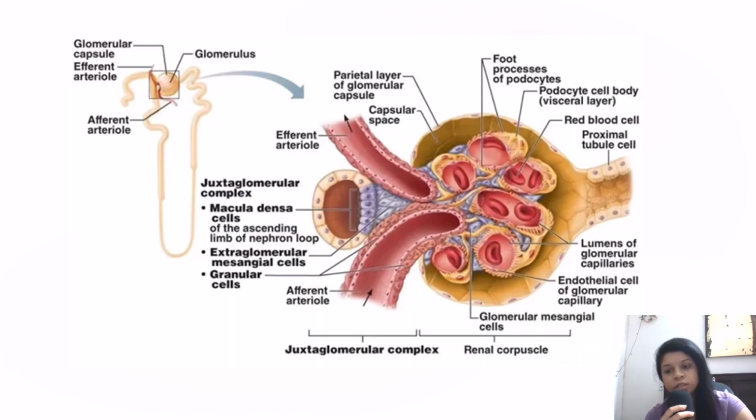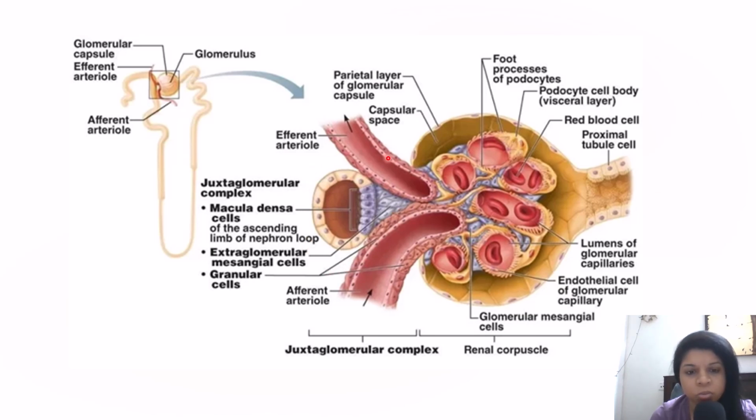So another thing you should know in the DCT is the juxtaglomerular apparatus. Okay, the juxtaglomerular apparatus is formed, as you can see here. There is the glomerulus and then the PCT, loop of Henle, and the DCT that goes looping like this. So the DCT part which comes close to the glomerulus, there is the juxtaglomerular apparatus.